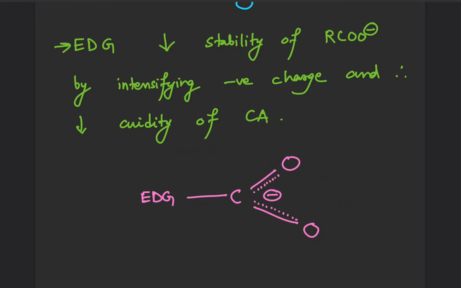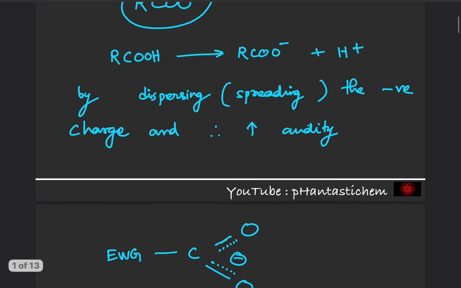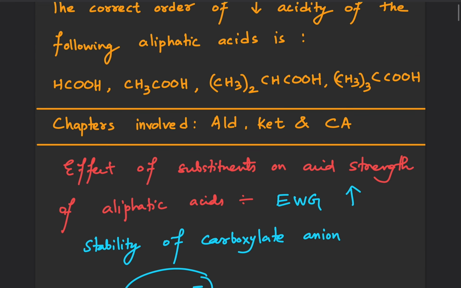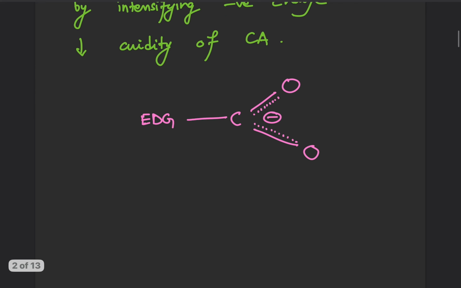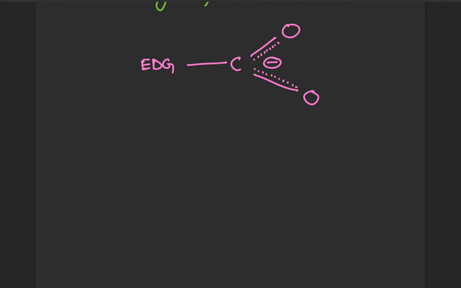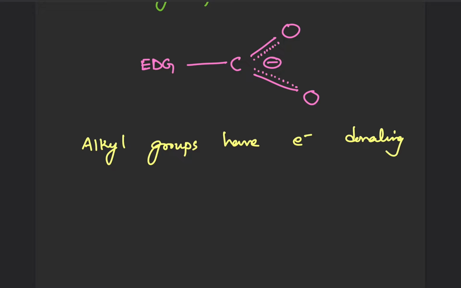Now, if you look at the acids they have given us, they all contain alkyl groups, and alkyl groups have an electron donating plus I effect. Always remember that.